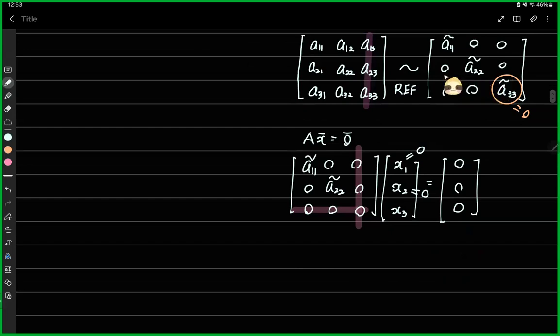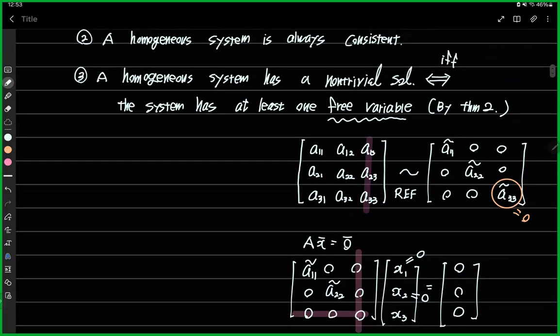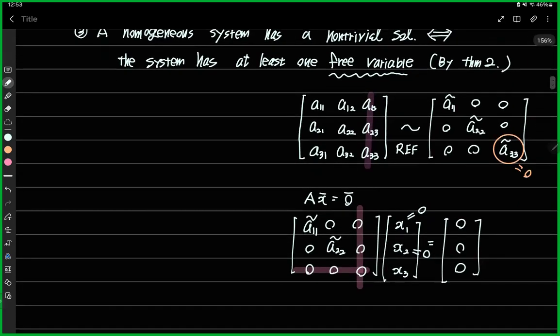Applying this to the homogeneous system, that means the row is simply a 0 row. So x3 could be any number, so x3 must be a free variable. So this system has a non-trivial solution. So the system has at least one free variable if and only if the system has a non-trivial solution.